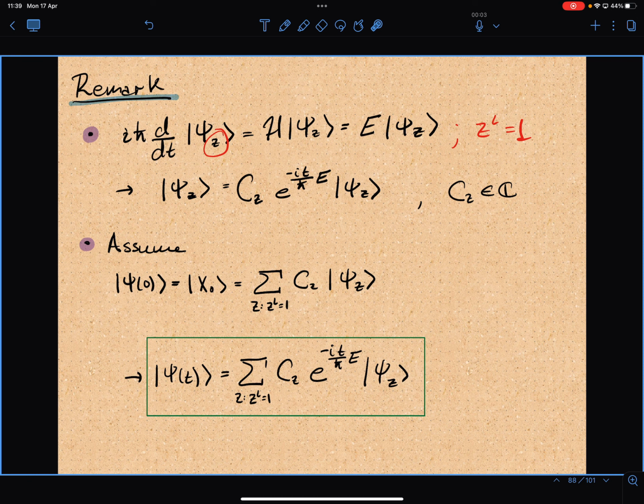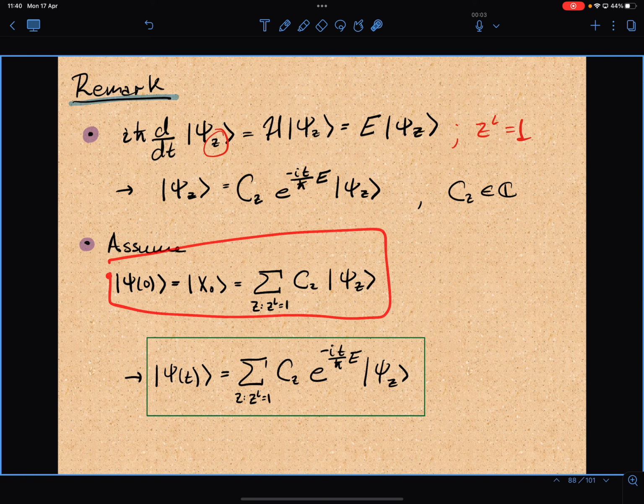So with that observation, if you can write your initial configuration as a linear combination of the eigenvectors for some constants C of z, then you can just solve the solution by throwing these terms in front of each of the eigenvectors. So the solution at time t is going to be given by this. And this is essentially your diagonalization problem.